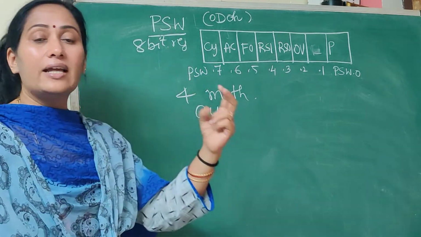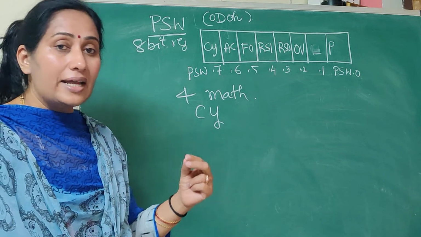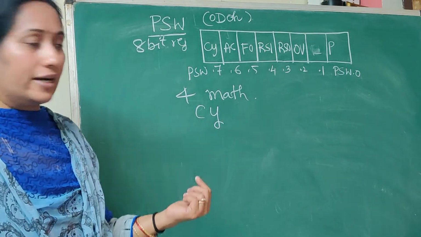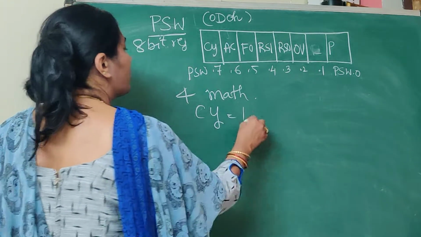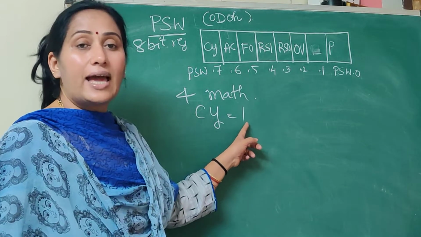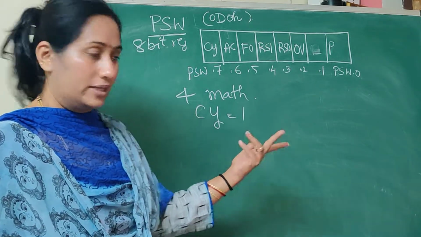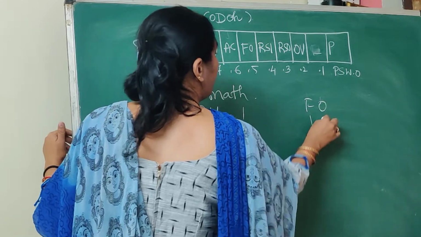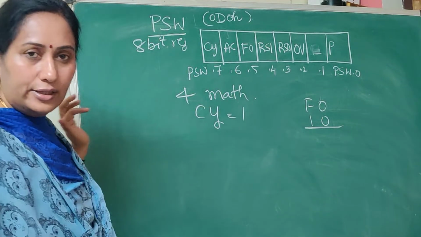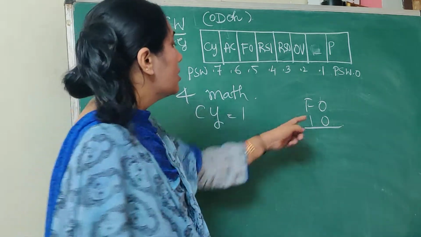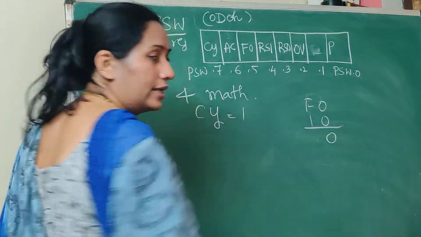After adding the MSB bits of the two data, if a carry is generated, then this flag is going to get set. It says that there is a carry after adding. Say for example, I have F0 and 10 and I want to add these two 8-bit data. So 0 plus 0 is 0.